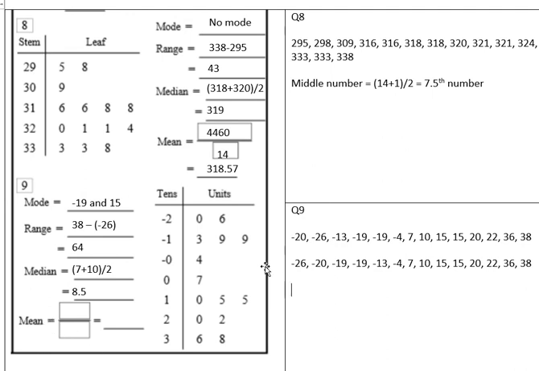Then we have our mean. So I've added all of these numbers together, and we end up getting 51. And there's 14 numbers, so 51 divided by 14 is 3 point... Let me actually get that.